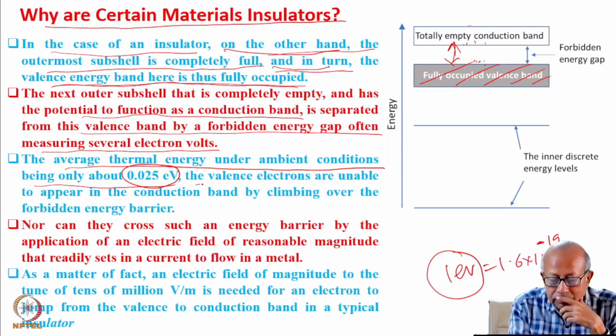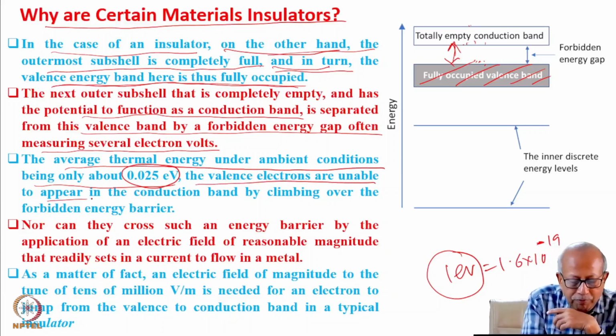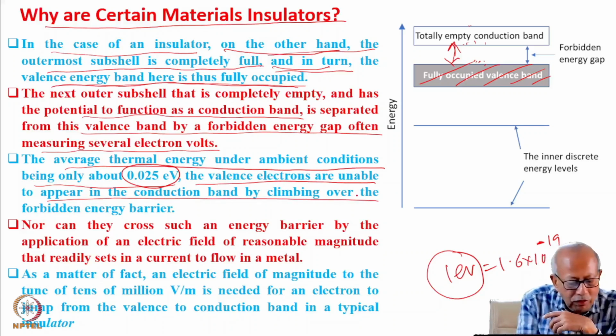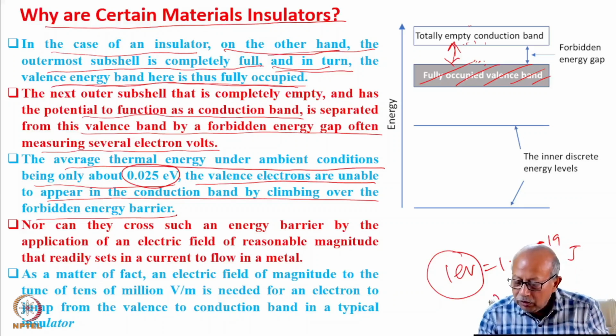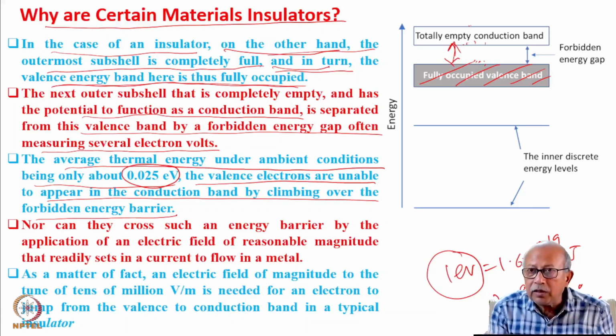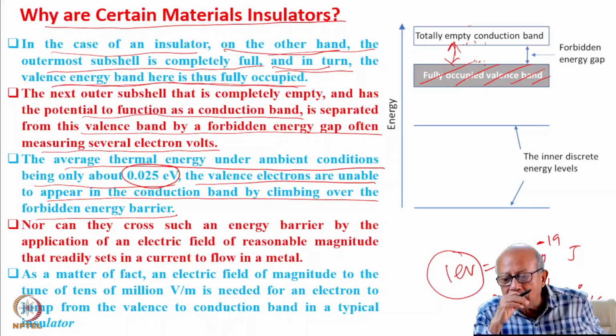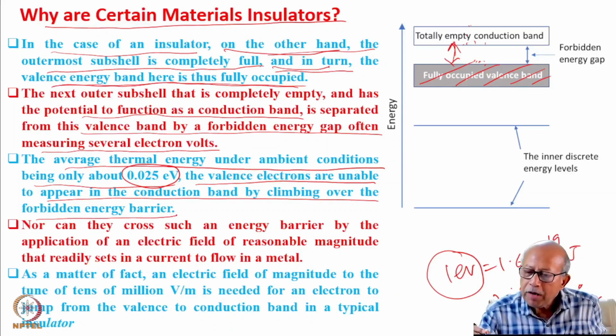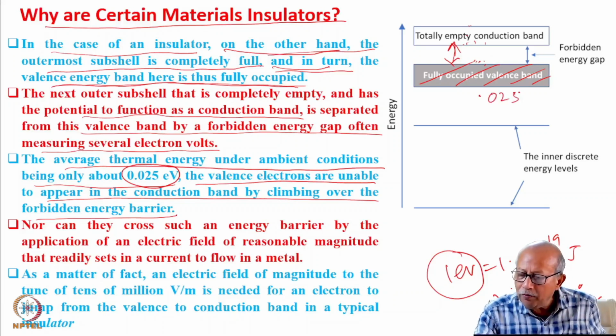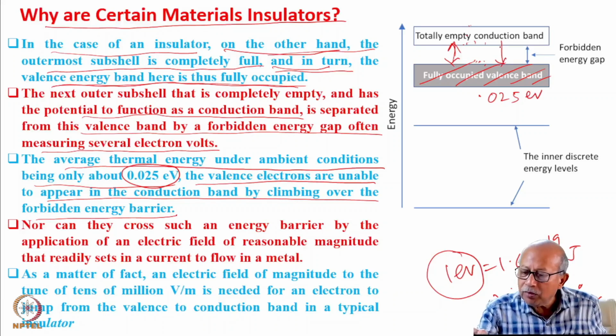The valence electrons are unable to appear in the conduction band by climbing over the forbidden energy barrier. So even at room temperature, that is 27 degrees centigrade or 300 degrees Kelvin, with this much energy that is always available as thermal energy, the electron cannot climb up here, because this thermal energy is just 0.025 electron volt, while this gap is several electron volts, say 3 electron volts.